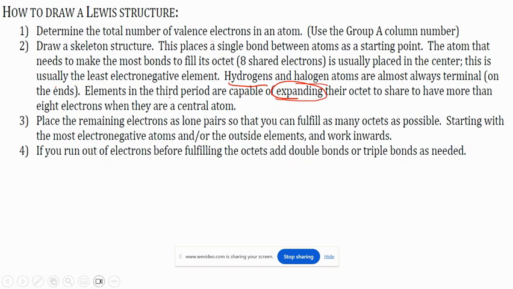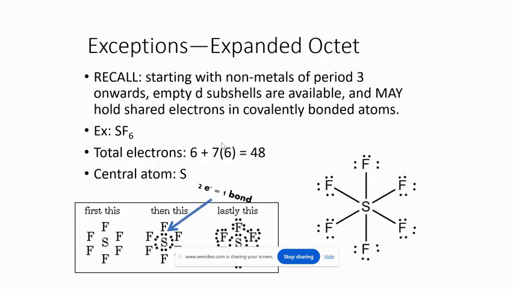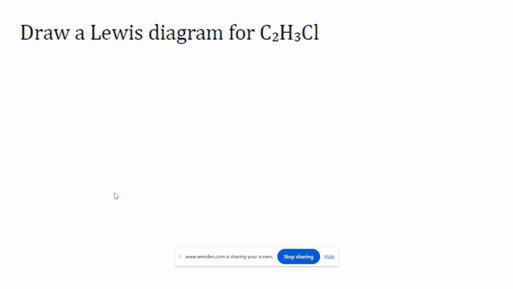Okay? The best way to do this is to actually show this happening. So that's where I want to get to some of these. Okay? Boron is also a special case. It's going to be an incomplete octet. It is satisfied with 6 electrons.